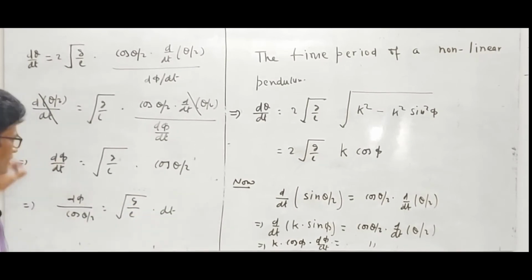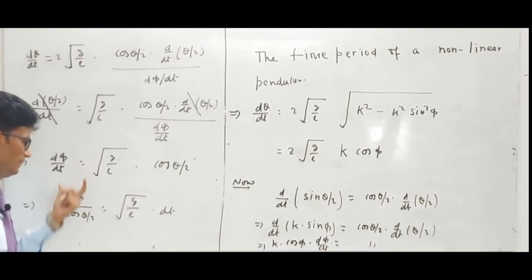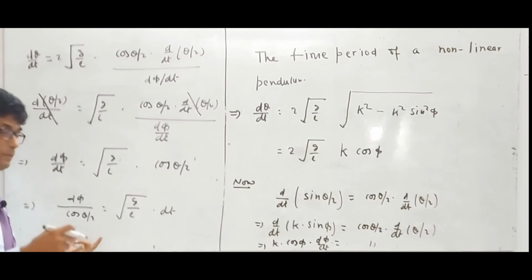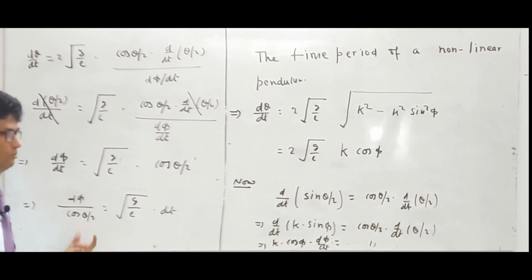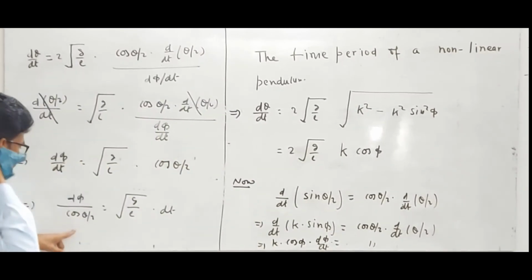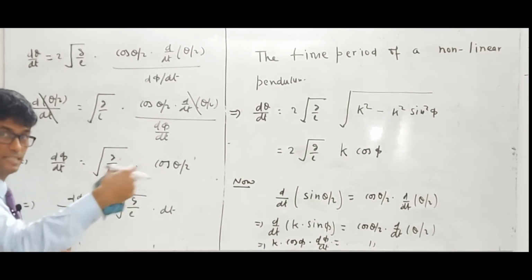We cannot say it is a cross multiplication. It is the differential coefficient form and the differential equation form. So we do not mean that after cross multiplication we get this one. No, it is not so. So now again, here is the cos theta by 2, and we have already assumed sin theta by 2 is equal to k sin phi.